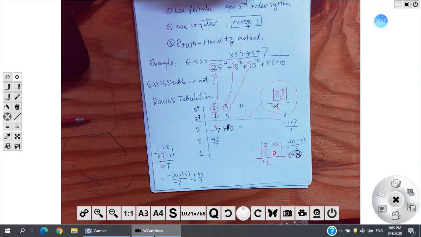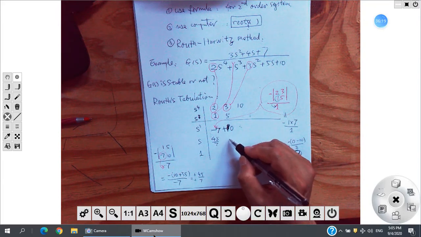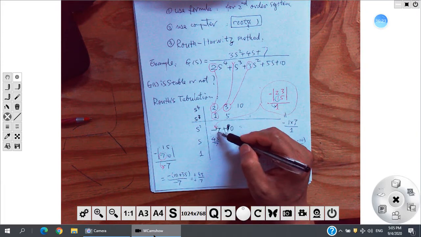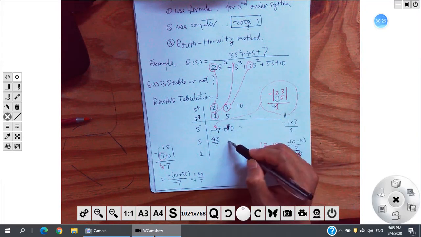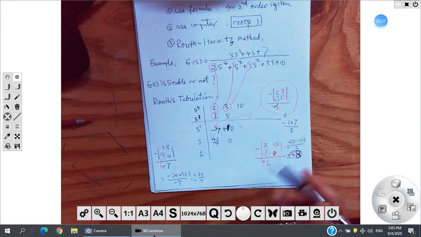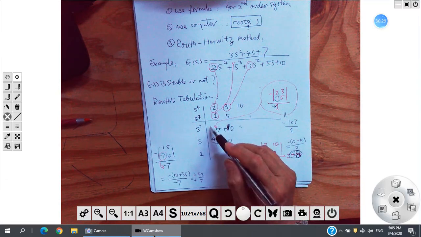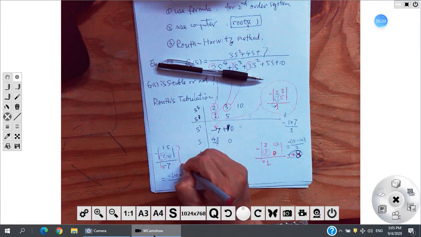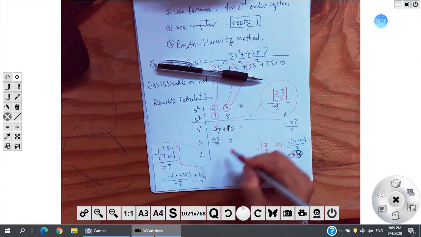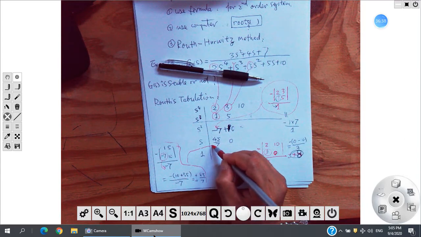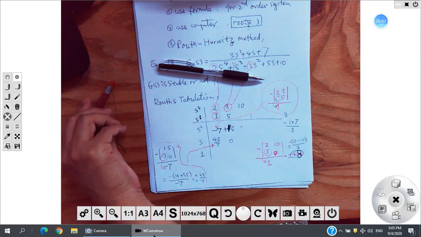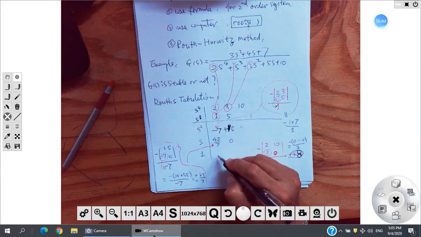Alright, then we can work on the next number. For this number I will use 1 and -7, 0 and 0. So it is just 0. Okay, we're done. Then the last one. Let me write here. This part is just this one.